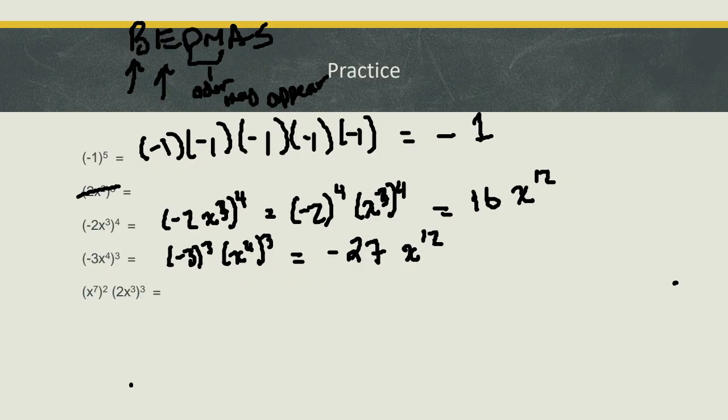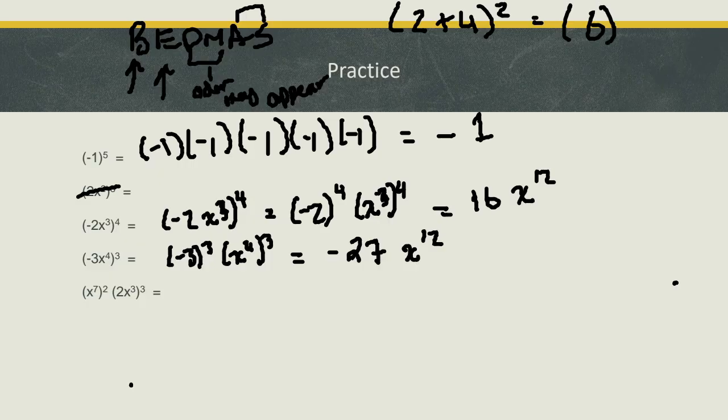And addition and subtraction are also in the order in which they appear. Brackets means that if I have 2 plus 4 in a bracket, and then I have it squared, we'll talk about this in future chapters, but it means that you have to do the work inside the brackets first. So we're not going to do 2 squared and 4 squared. We have to do the operation that it's telling us to do inside the brackets. So we'd get 4 plus 2 gives me a 6 squared, and that gives me 36.